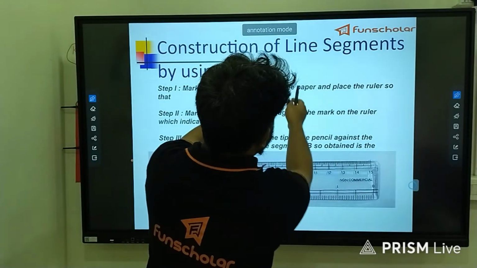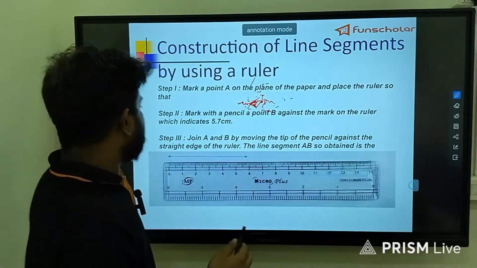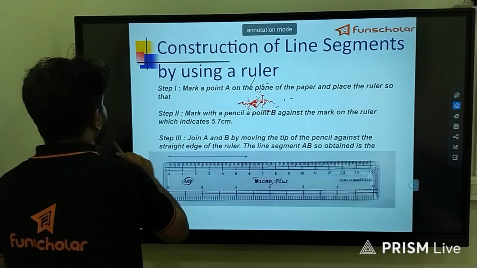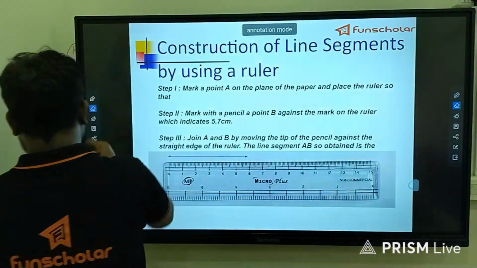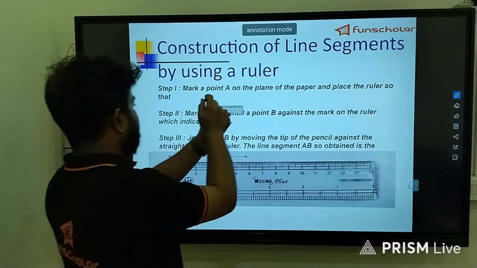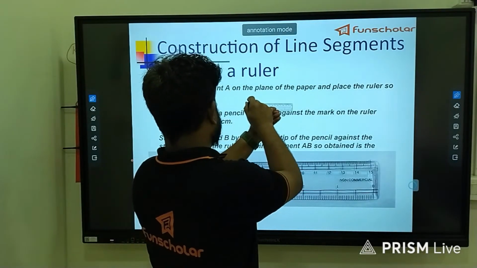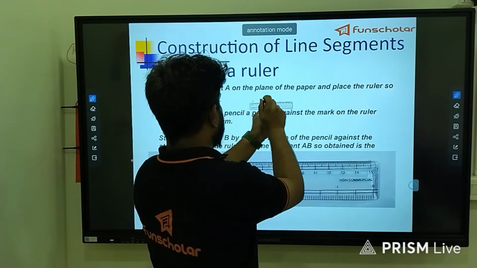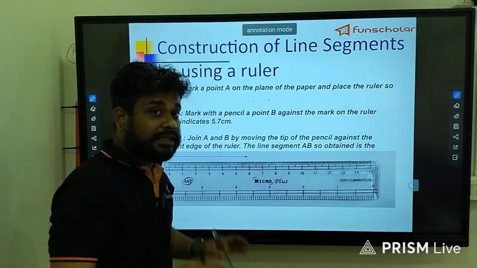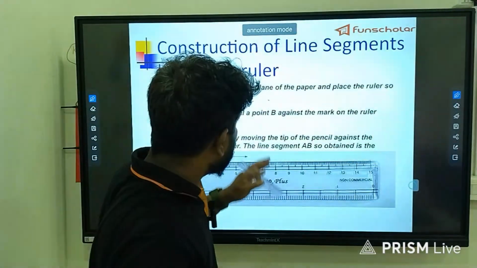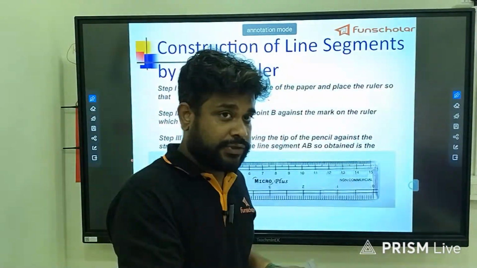Okay, so it's very difficult to draw it like this, but I have shown you the process by which you guys can draw it. So let's draw it like this. If I take the point, 0 will be here and 5.7 will be here. Just like this, you have to take the measurement in your copy as well.